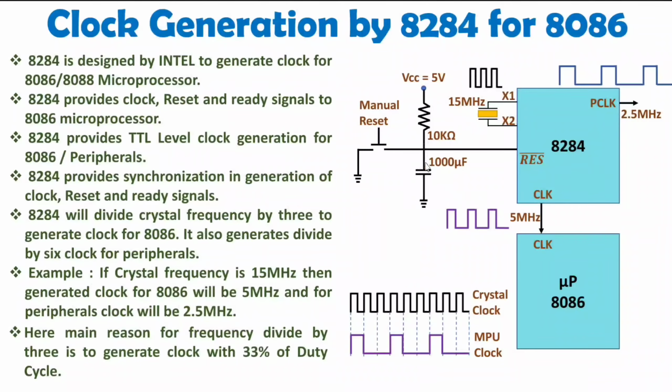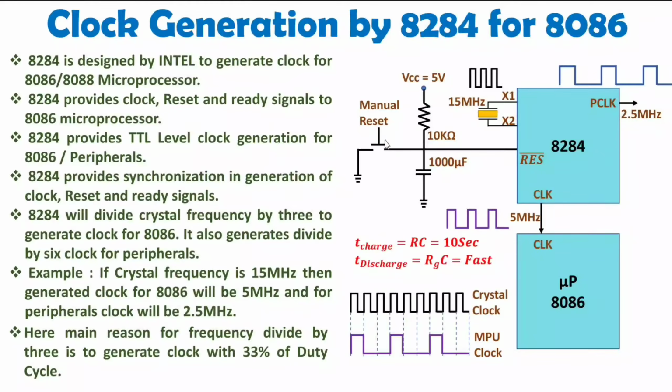So during that time period, the reset will have logic low, so we are providing sufficient time with this logic low to the reset, and that reset will be given to the microprocessor 8086. Now my dear students, you should know the charging time period is 10 seconds, and the discharging time period is very fast, right?